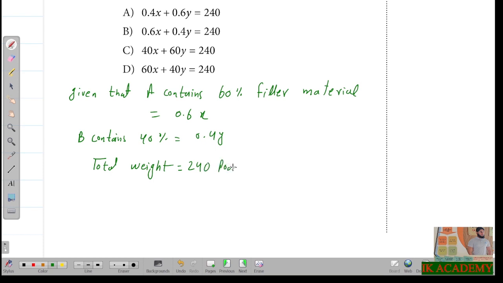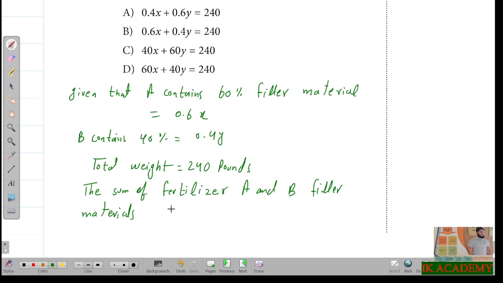240 pounds. We can write down that the sum of the filler materials of fertilizer A and B must be equal to the total amount, which is 240 pounds.